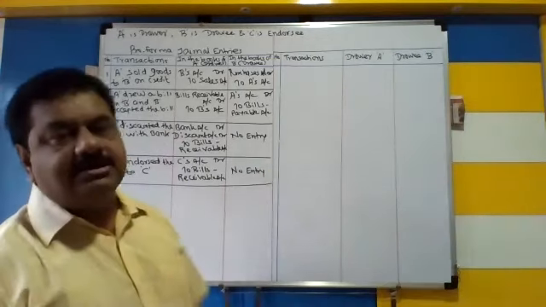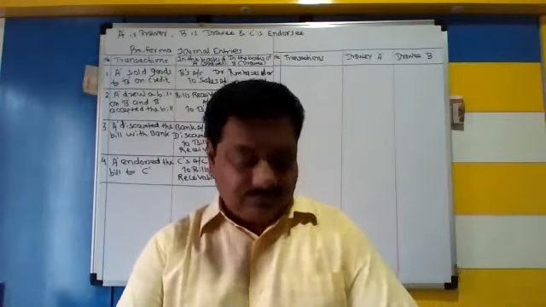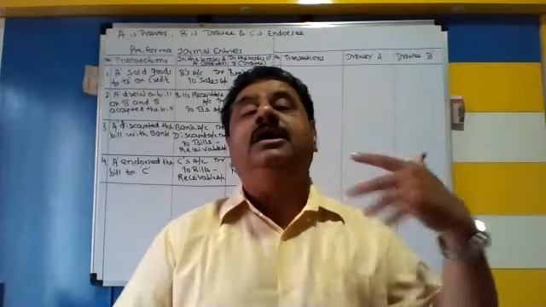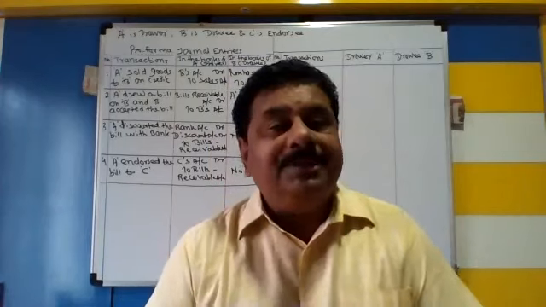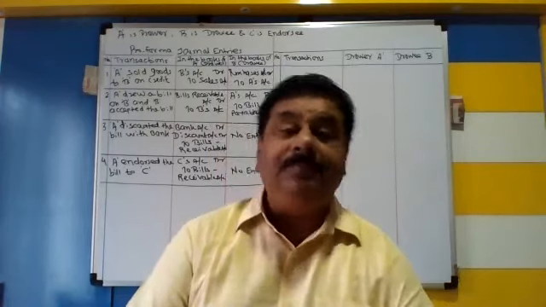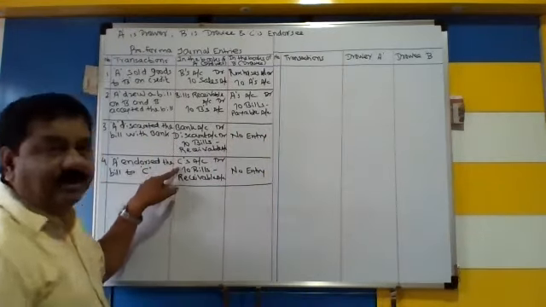Okay, transaction done by drawer. So drawee is not concerned. He will say, you give it to C or D or E, it makes no difference to me. For drawee, that makes no difference. So no entry in the books of drawee. But A will pass the entry surely. That is C's account debit. Why C's account debit?